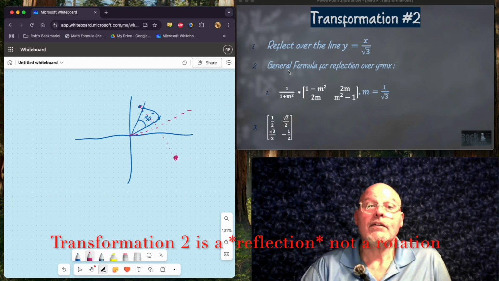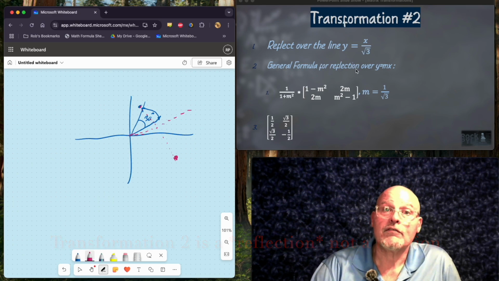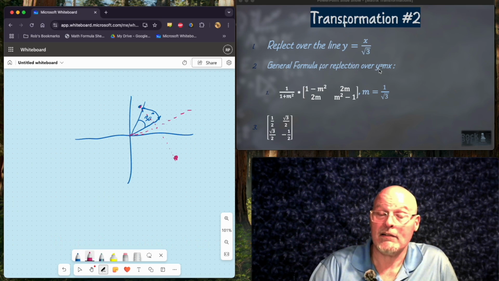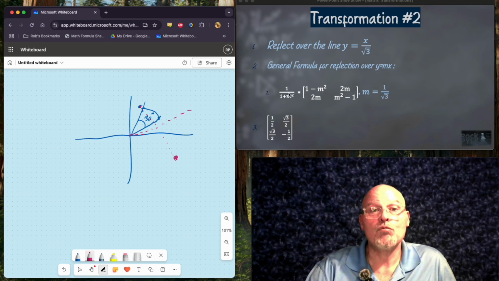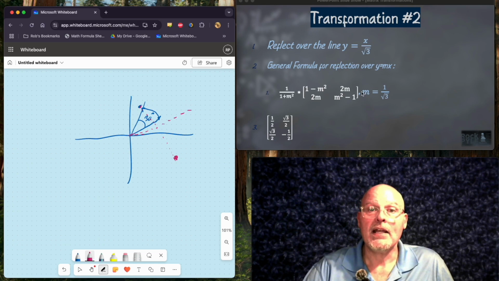Looking up the general formula for the reflection over any line y equals mx, using m as the slope, it is 1 over m squared times the matrix with 1 minus m squared and m squared minus 1 on the main diagonal, and 2m in the other two. As we said, our slope is 1 over the square root of 3.